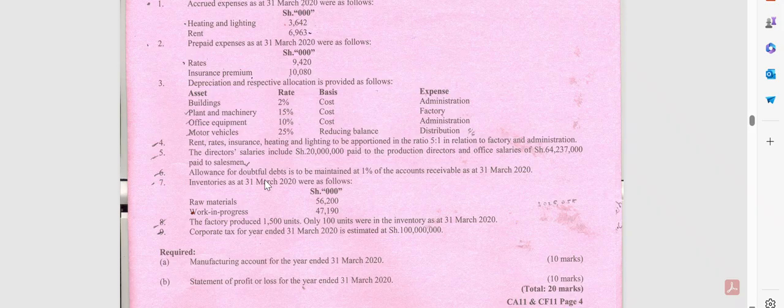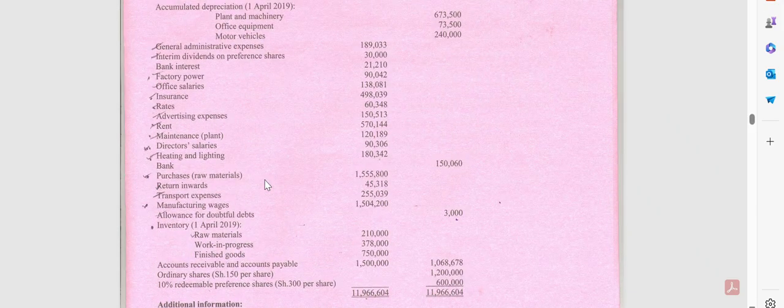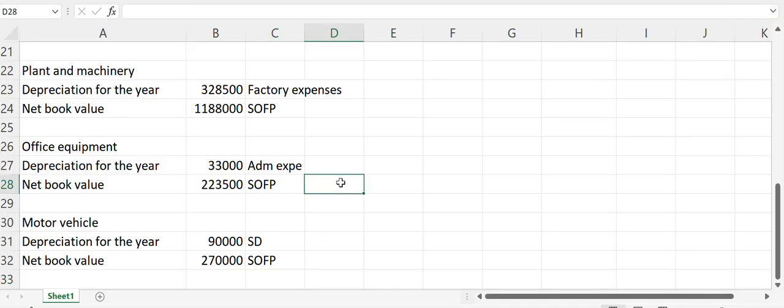So director salary, we are going to open an account called director salaries, and these are expenses. So let us go to trial balance to check whether we have director salaries. Here it is, and the figure is 90,306. Remember, the figures here are in thousand. So this is like 90,306,000.